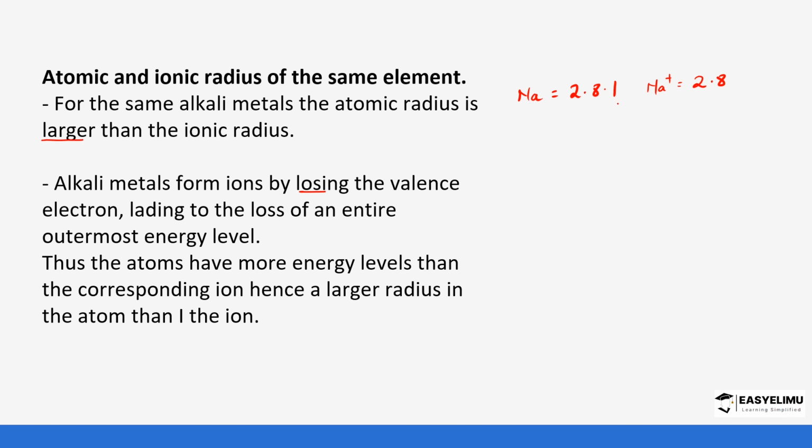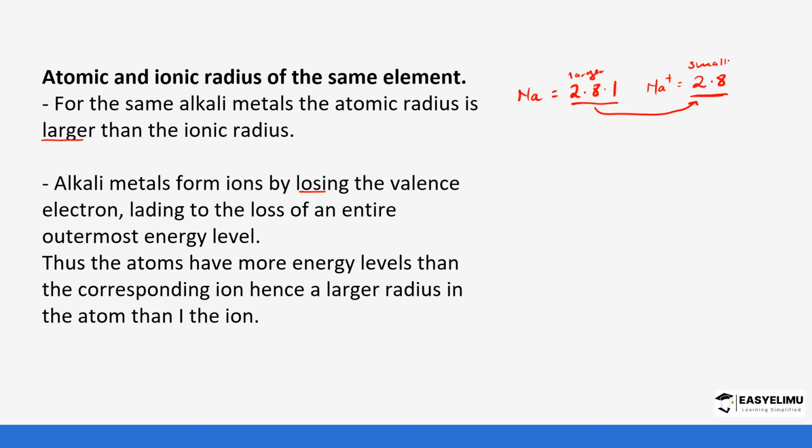If you compare the sizes, the sodium atom has 3 energy shells, and the sodium ion has 2 energy shells. So definitely the size of the atomic radius will be larger, and the size of the ionic radius will be smaller.